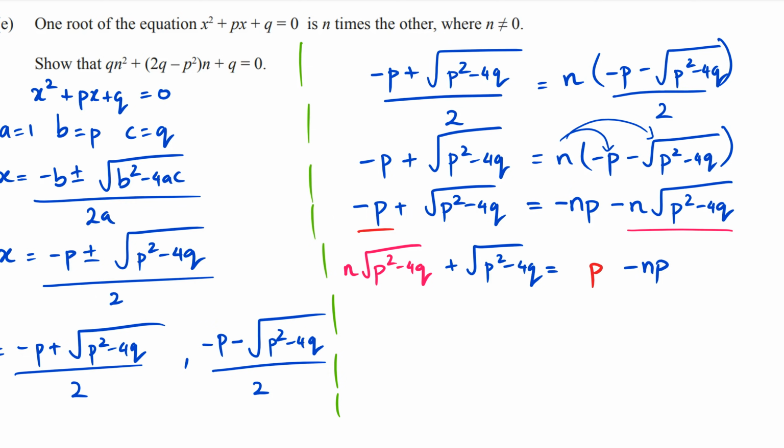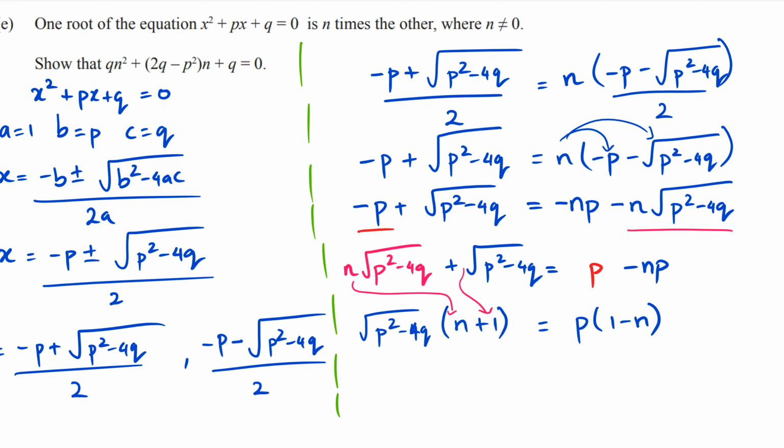All right guys, at this point on the left hand side, the square root of p squared minus 4q is a common factor. So we can take that out, and what we're going to be left with is brackets n plus 1. If you want to figure out where that n plus 1 came from, the n came from there and the 1 is from there, which equals p, which is a common factor, so I can take it out and I'm going to get 1 minus n.